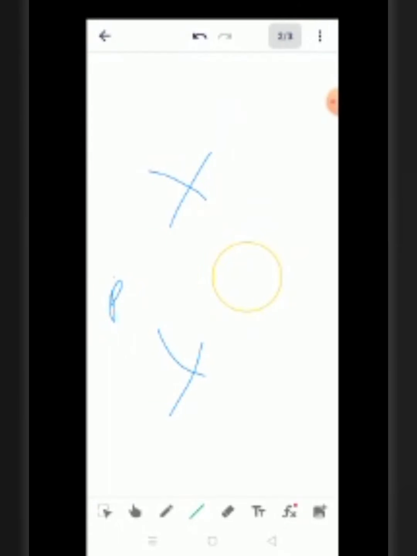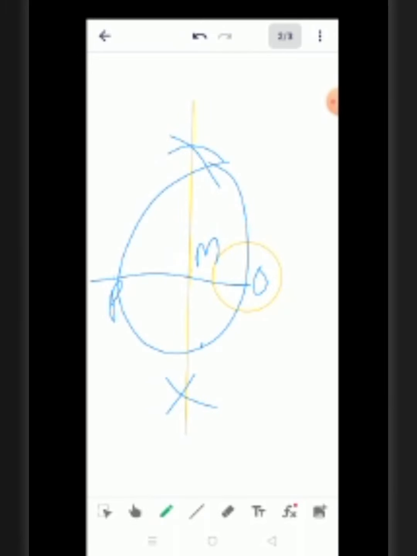This should intersect these arcs, which I will make from P and O, from the center of the circle to the point P. Then you join PO and name this point as M. If you measure the distance from P to M, taking M as center, with that radius you draw a circle like this. And then I'm changing the color now, you see what's the next step I'm going to do.